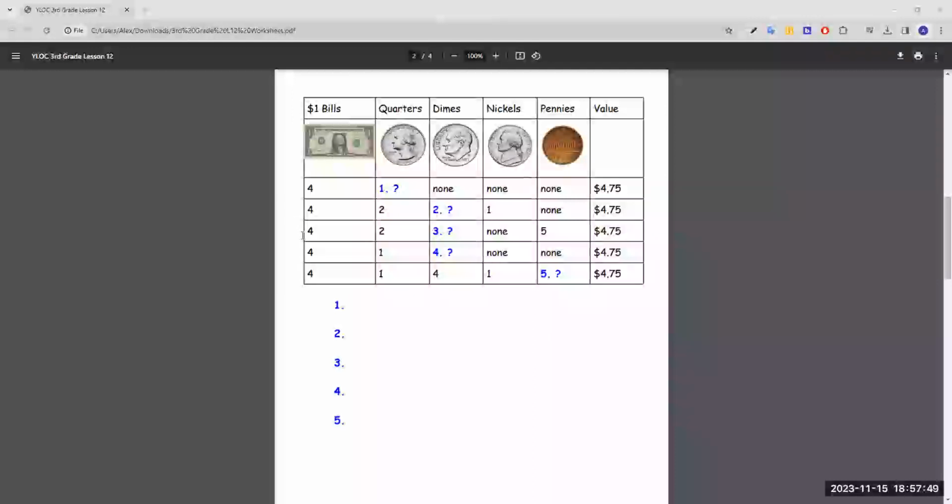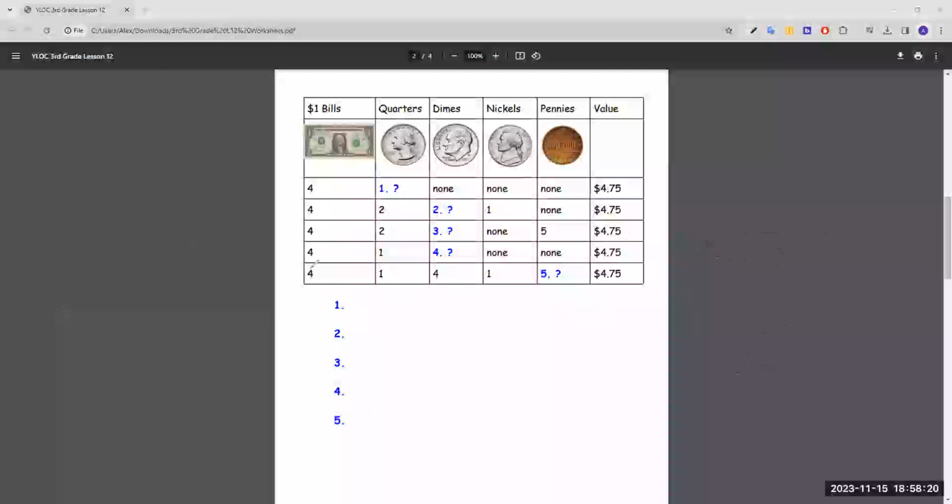Number 4, we have 4 $1 bills, 1 quarter, and no nickels or pennies. So our value is 4.25, and we're trying to get to 4.75. The difference of that and that is 50 cents. And 1 dime is 10 cents. So 10 goes into 50 5 times. So that's the answer to number 4.